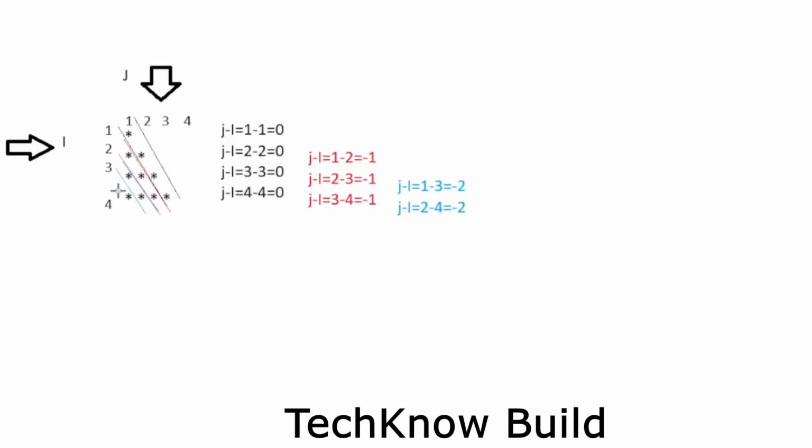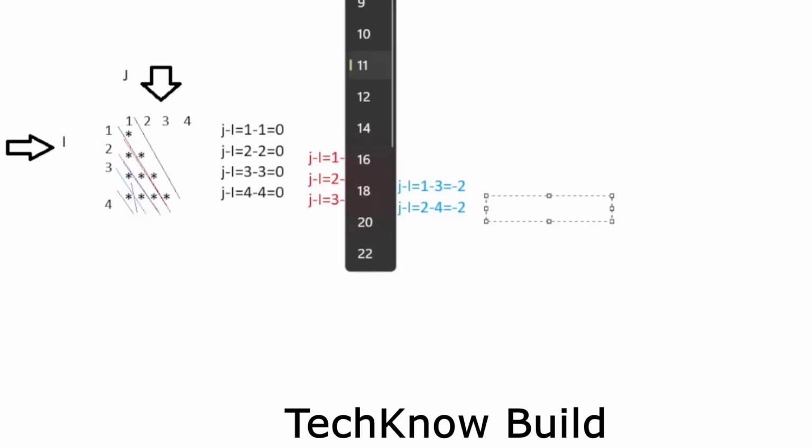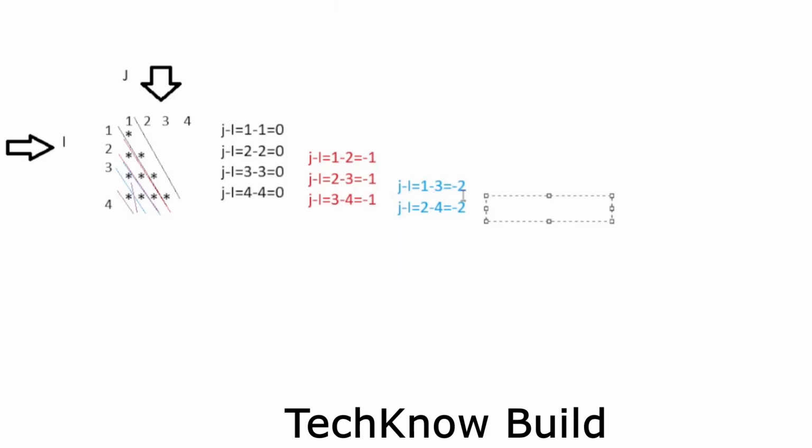Similarly we can check the last star, which is on the fourth row and first column. For that j is 1 and i is 4, 1 minus 4 is minus 3.